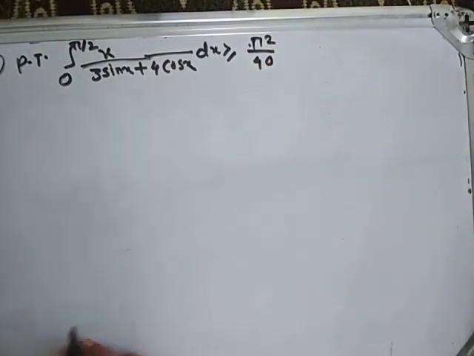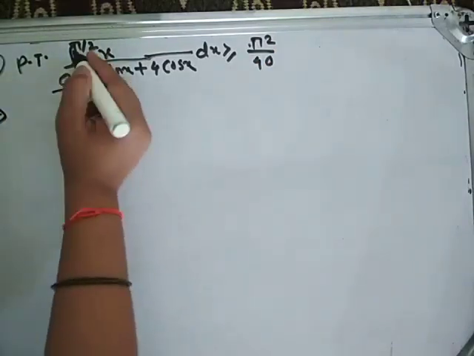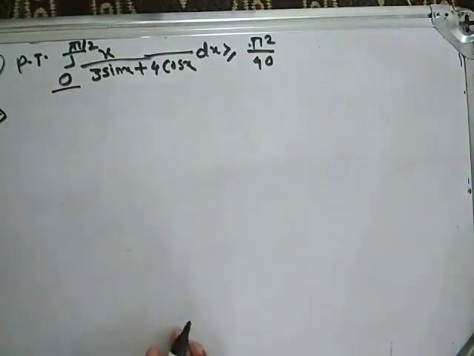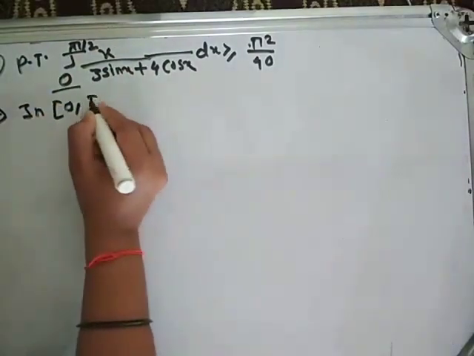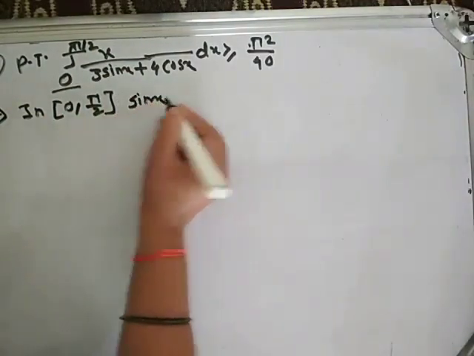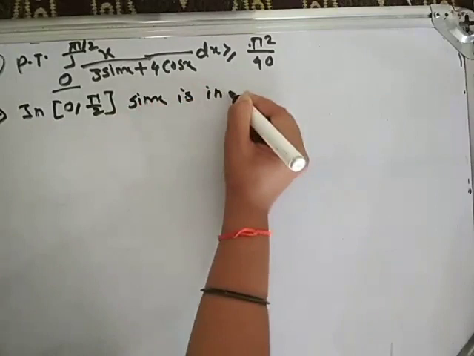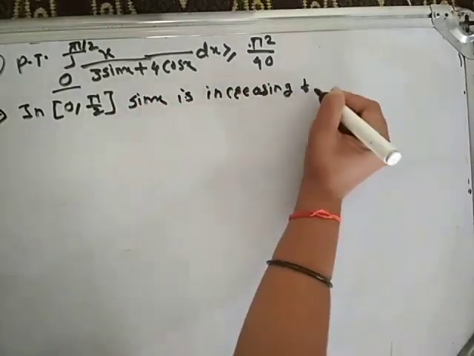See here the solution. Here your x lies between 0 and pi by 2. So in the closed interval 0 to pi by 2, sin x is an increasing function. Is it correct?